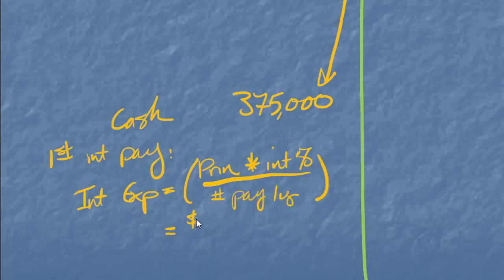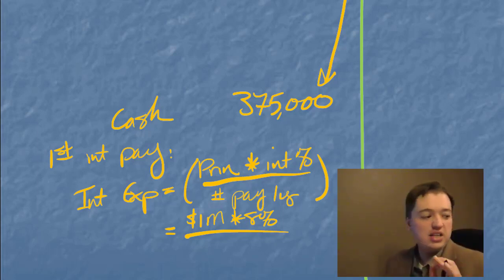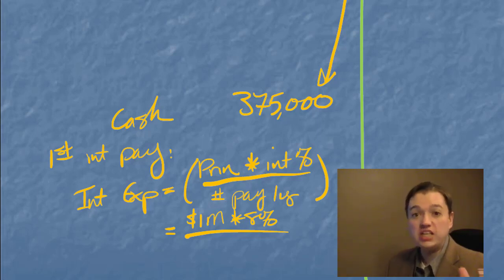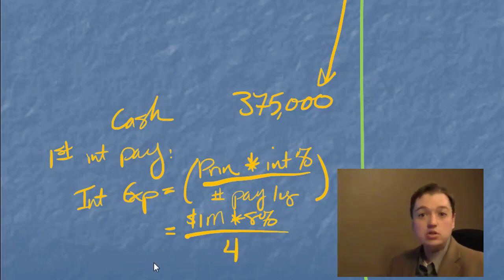So in this case, my principal was $1 million. The interest rate is 8%, but interest rates are always listed annually unless they specifically say otherwise. And in this case, it was an 8% rate. So I know that's an annual rate. If I'm remitting once a quarter, then I'm only going to have to pay a fourth of that interest because only 3 months have passed, not a whole year.